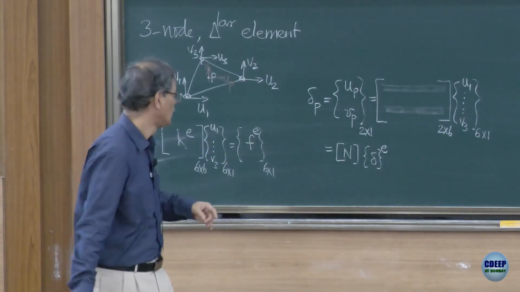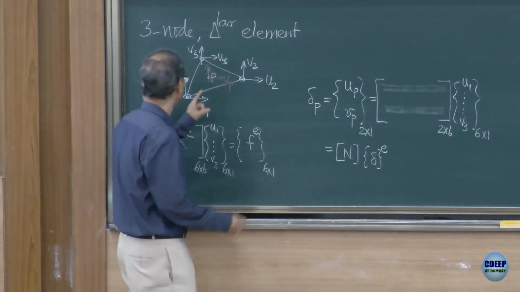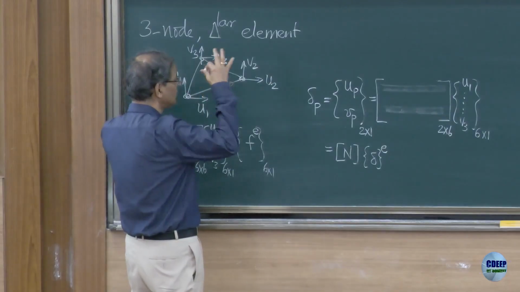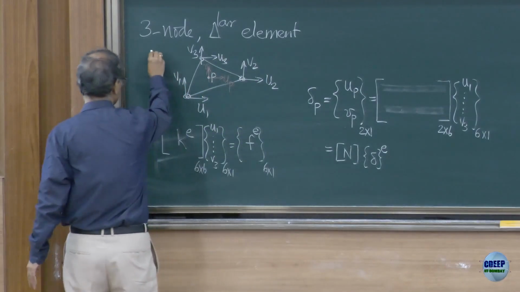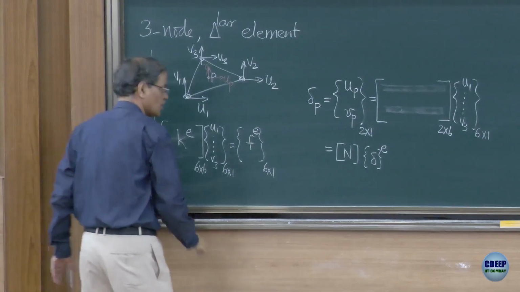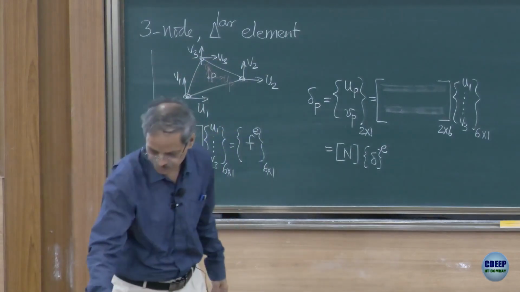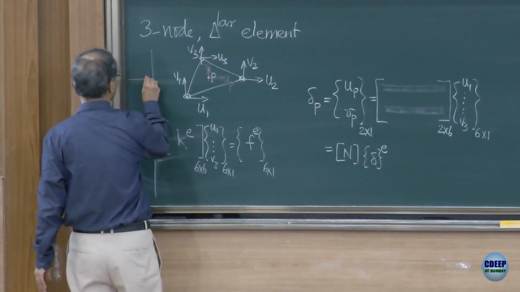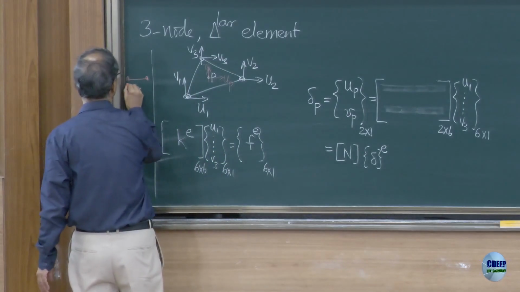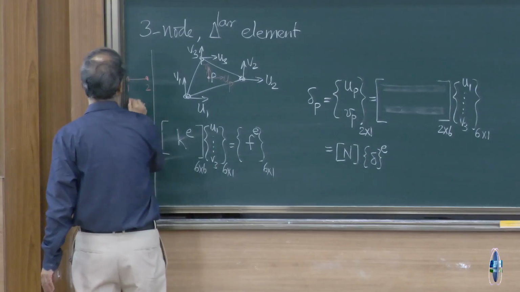Okay. If you want to imagine an element level analogy, for 1D this was a simple rod with node 1, 2, u1, u2.